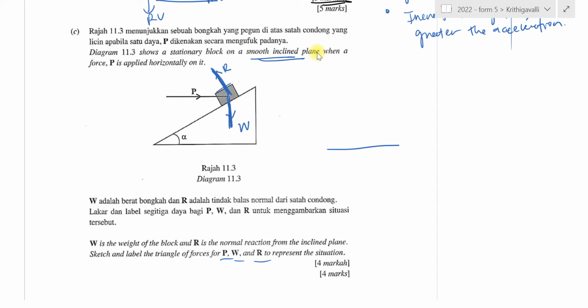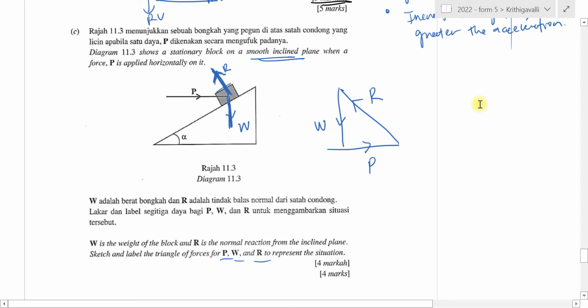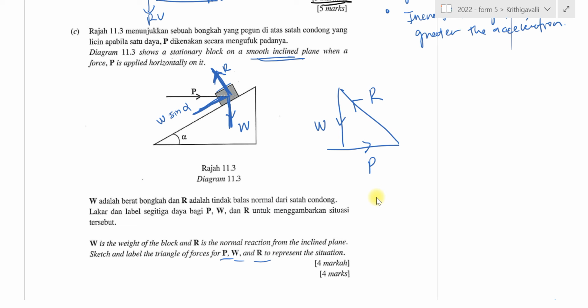Very easy. The P you put here. The R goes upward like this. Okay, so the R goes upward and your W comes here. So this is R, this is P, this is W. And then we want to label the angle. So we know that this is W sine alpha.